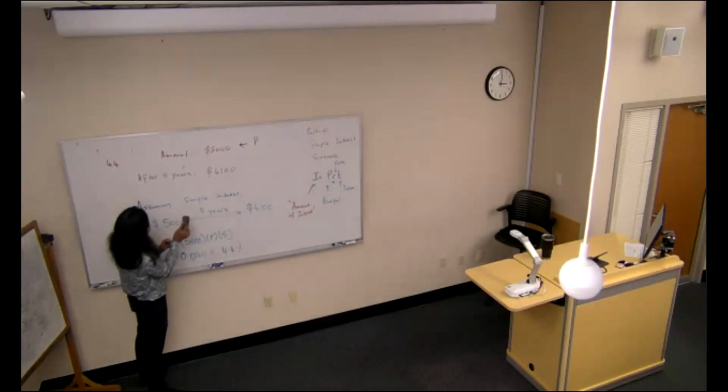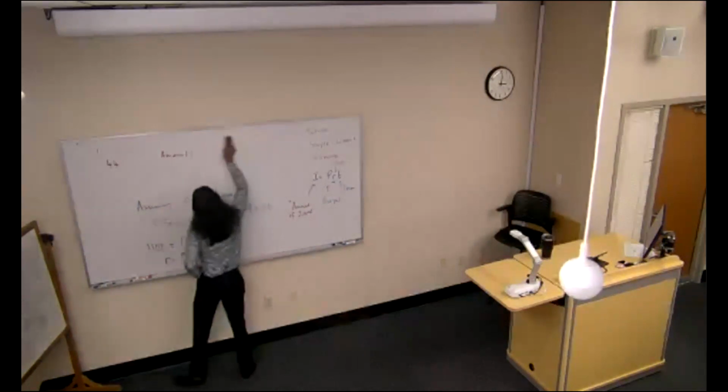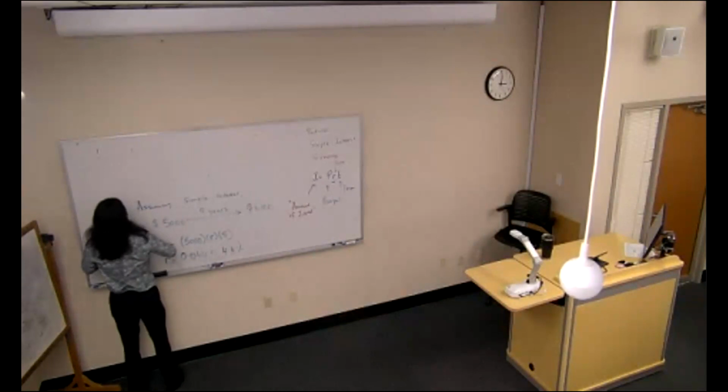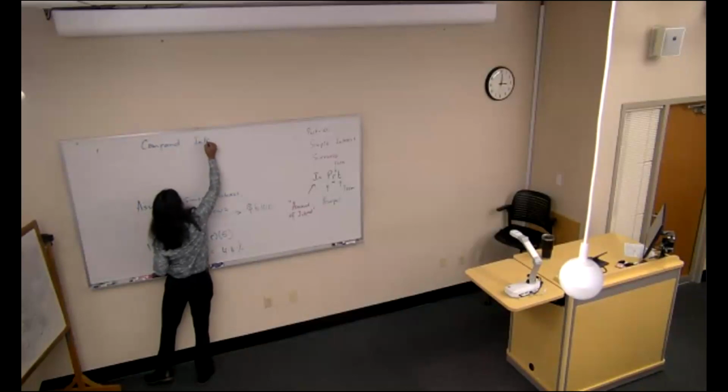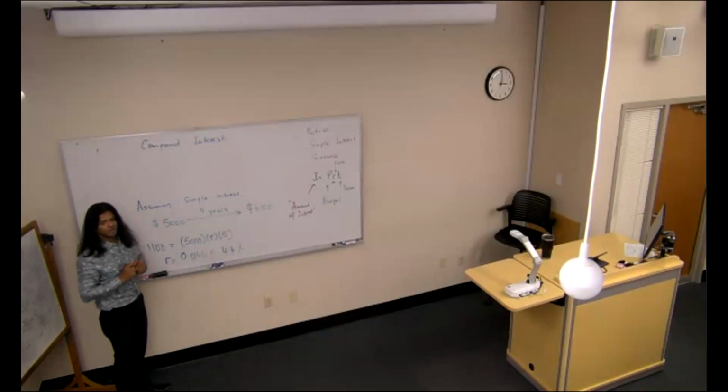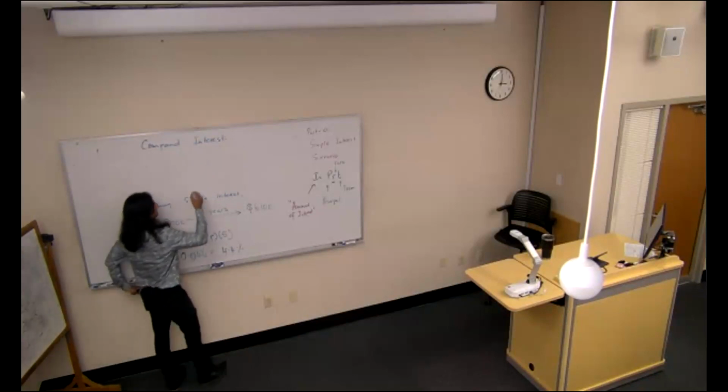Going to write the formula. Can I erase this? Compound interest. Same situation, but this is what the formula is going to look like.